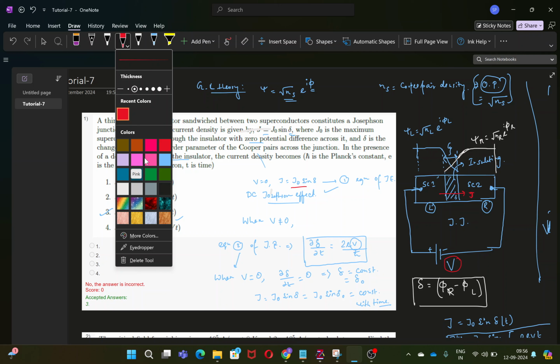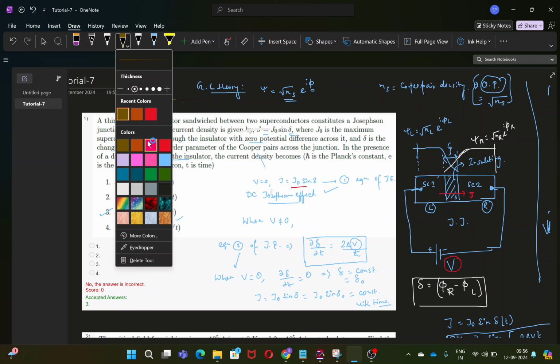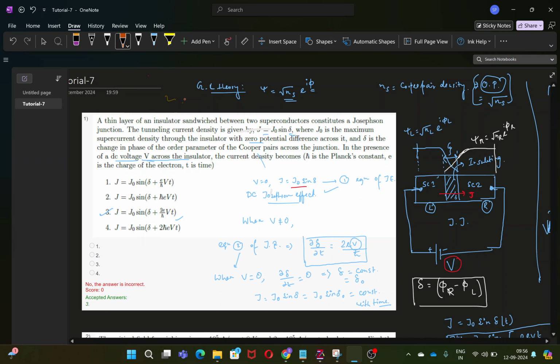Okay, let's say we use this color. Okay, so this is not properly seen. This color may be better. Yeah, so this is the color I'll be using to highlight the parts I am talking about right now, and you will just look into the solution that I have already done.